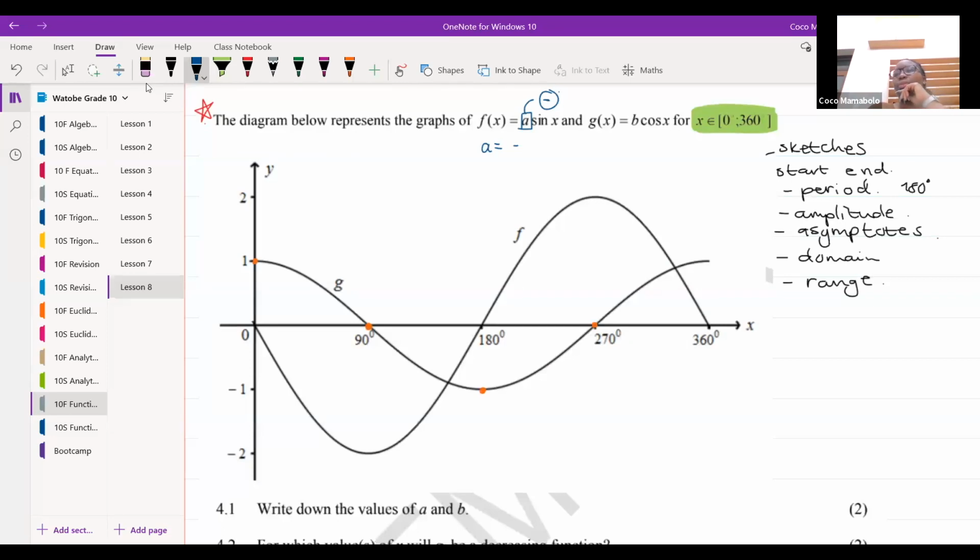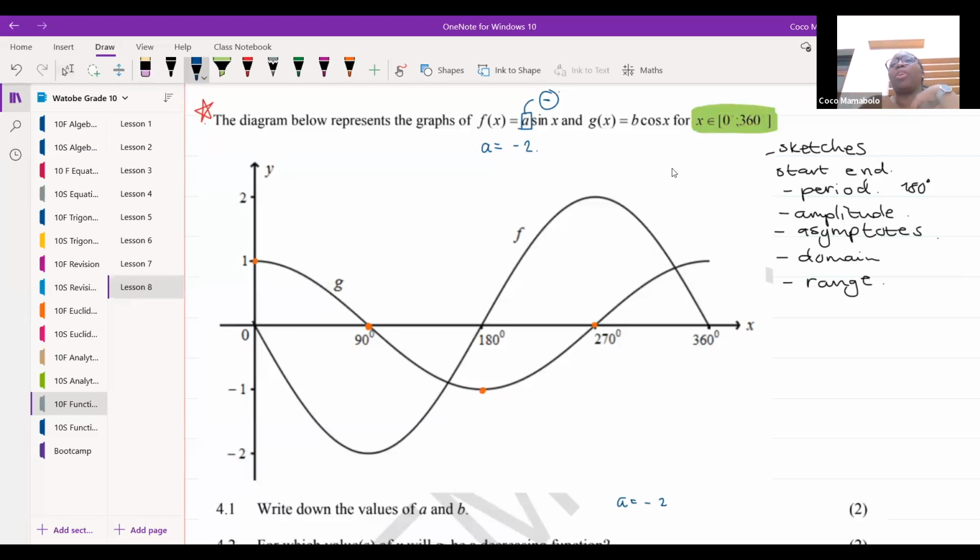Good. Not -1, guys. Remember, they've also stretched it. So A must equal -2. Good, -2. That's our first answer. We can write down here, A is equal to -2.